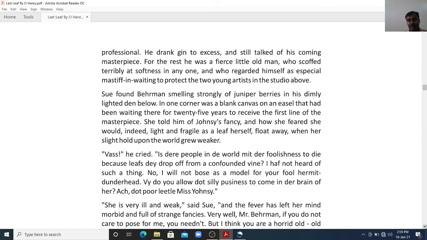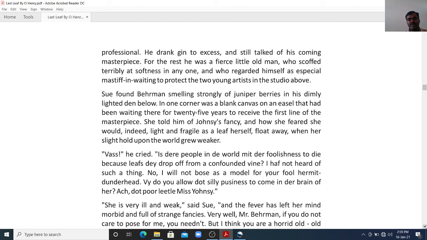A blank canvas was waiting on an easel and a frame. This frame was waiting for Behrman to be drawn from since how many years? Since 25 years. He has not drawn anything, only to receive the first line of the masterpiece.